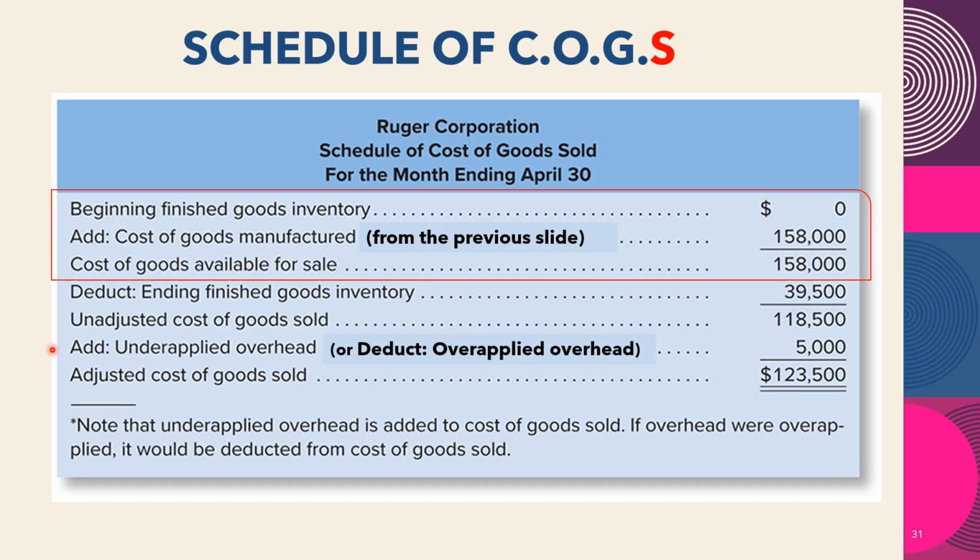Please remember that we have to check whether we over-apply or under-apply manufacturing overhead. We will add under-applied overhead or deduct over-applied overhead. Then you will get the adjusted cost of goods sold. Please note that under-applied overhead is added to cost of goods sold. If overhead were over-applied, it will be deducted from cost of goods sold.